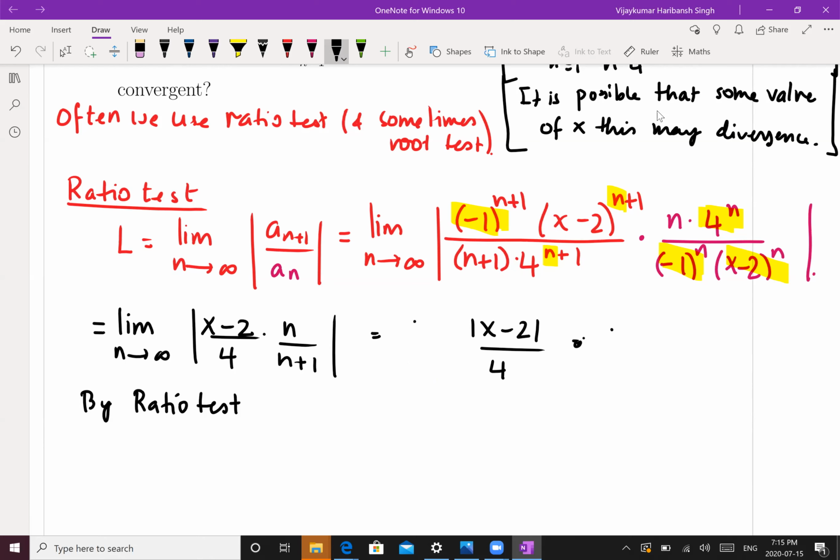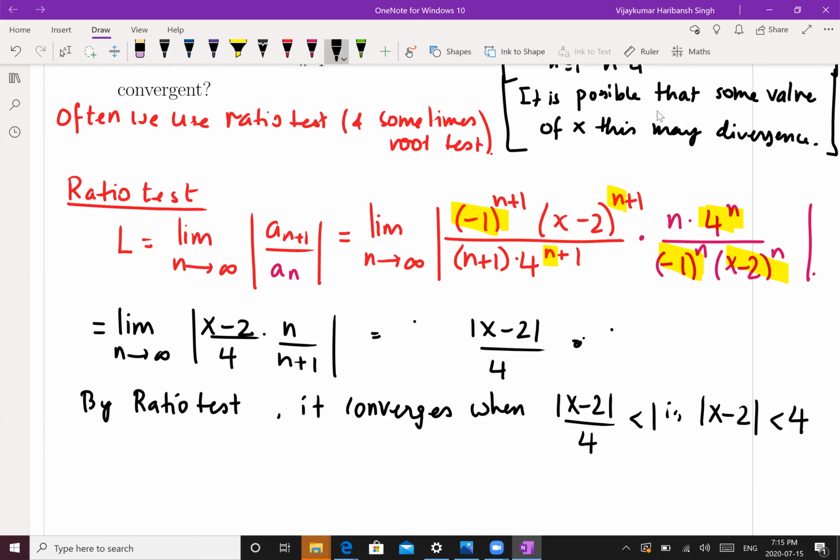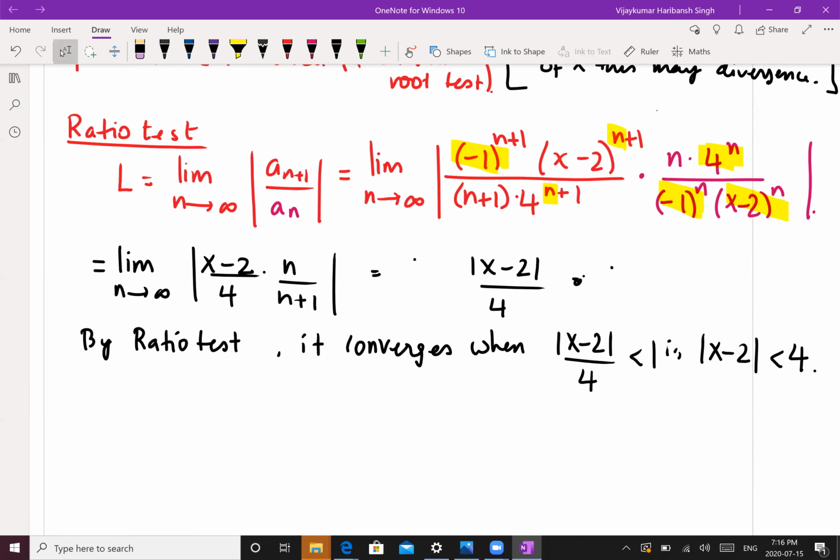By the ratio test, it converges when the absolute value of x-2 divided by 4 is less than 1, that is |x-2| is less than 4. Now it diverges if |x-2|/4 is greater than 1, right? So we have this converges when we have this.